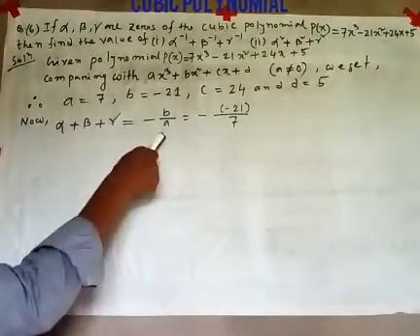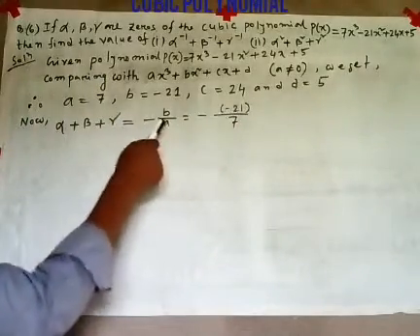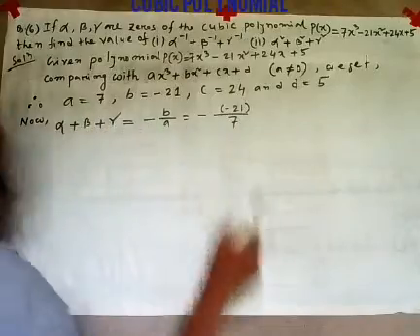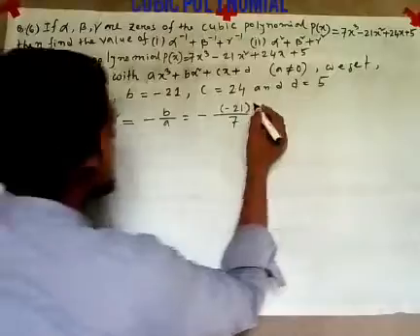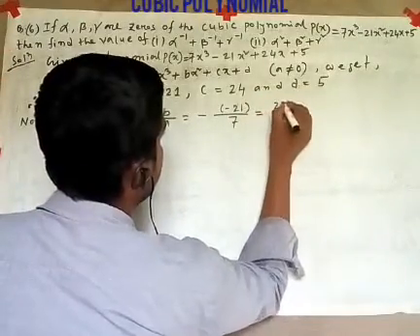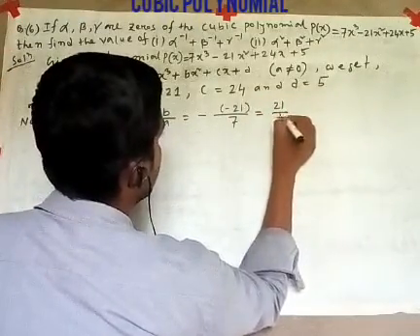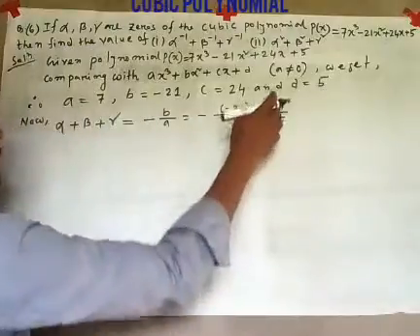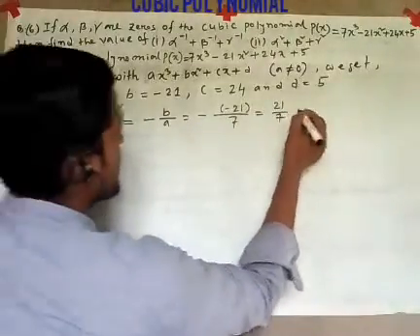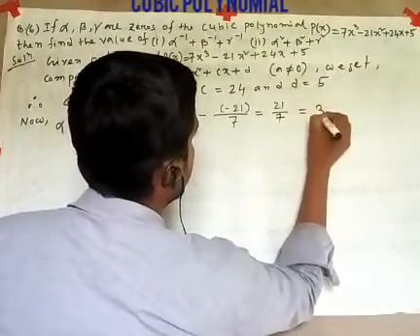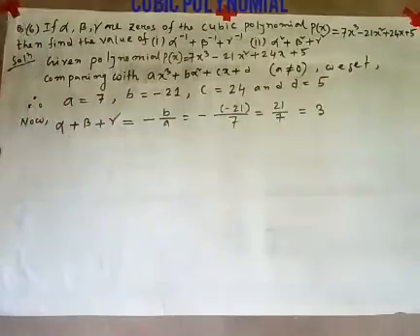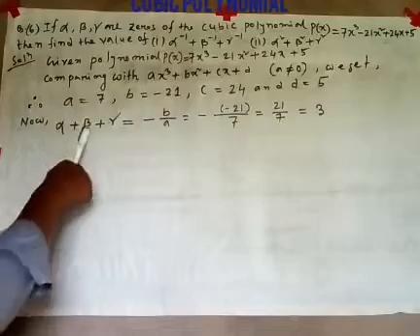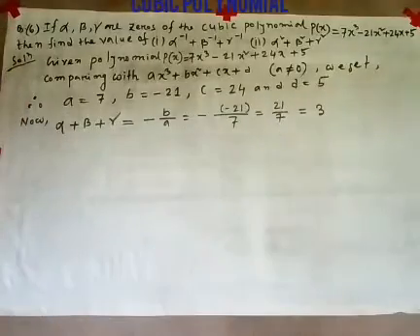So minus and minus, a plus: 21 by 7. 7 into 3 is 21, so 21 divided by 7 is 3. Like that, alpha plus beta plus gamma equal to 3.